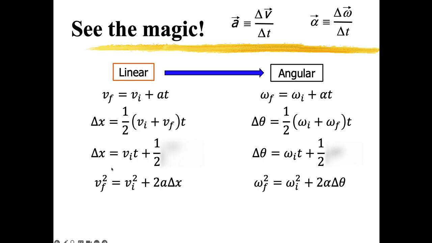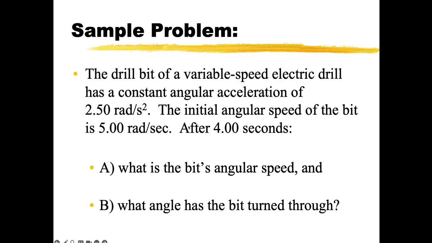If you are really good at linear kinematics, you are going to crush this angular stuff. And if you needed a little bit of practice, well, now we've got some more time to practice. Here's a sample problem. The drill bit of a variable speed electric drill has a constant angular acceleration of 2.5 radians per second squared.